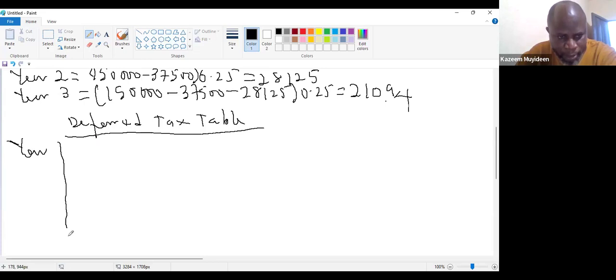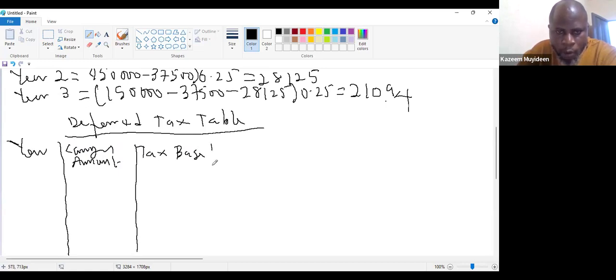Then the next thing, we have the carrying amount. We have the tax base. We have the temporary difference, the TD.